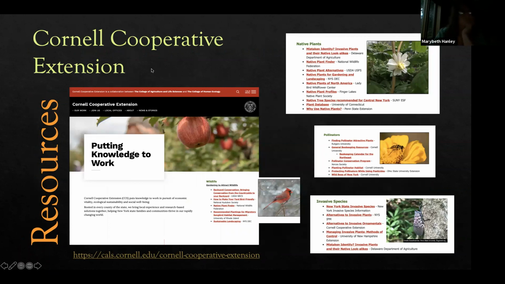And then of course, Cornell has really been at the forefront of invasive species science. So there's a lot of good information on the Cornell Cooperative Extension website, and they have different chapters. All these different links here are on native plants, gardening to attract wildlife, pollinators, invasive species.